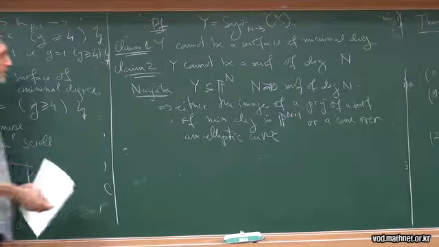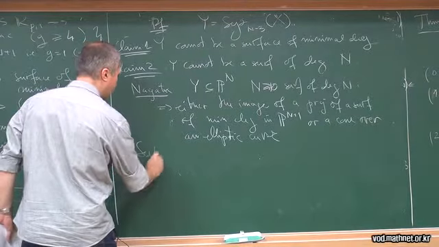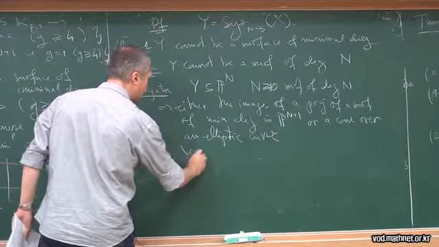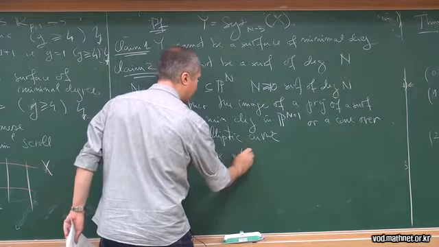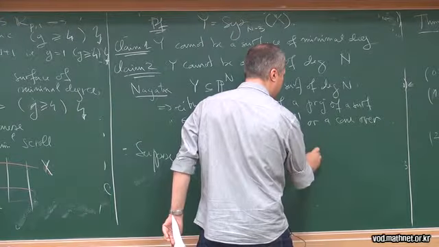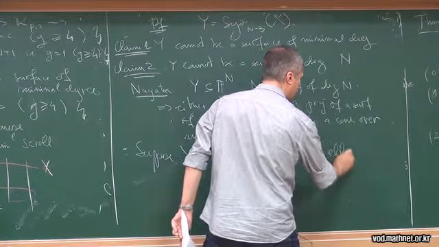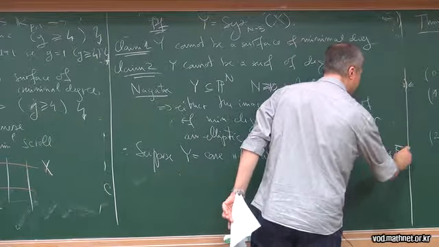So we have to analyze what happens to suppose Y is a cone with vertex P over an elliptic curve E, right?